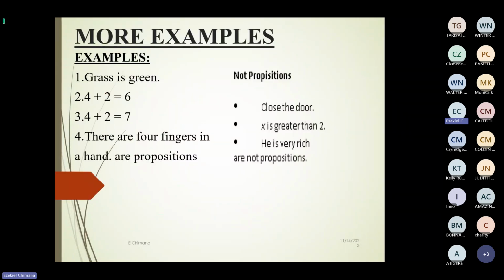These are more examples which show whether something is a proposition or not. Is it a proposition or is it a statement or not? Grass is green. Is this a proposition? Just want to hear from you guys. This is a proposition, grass is green.